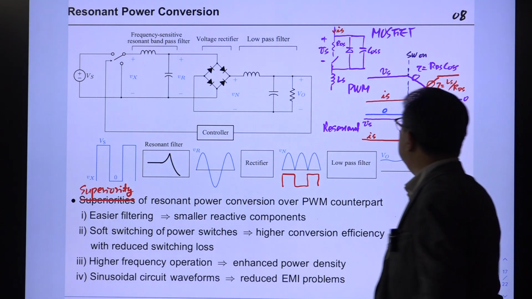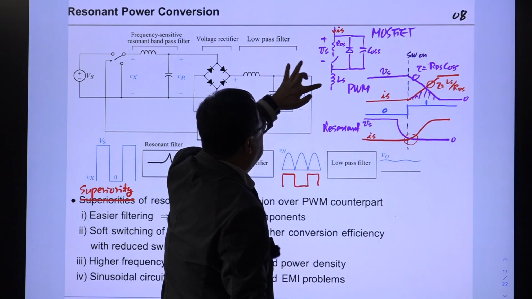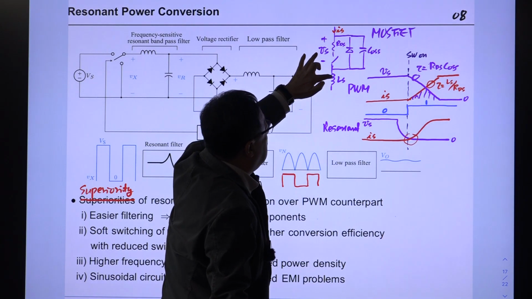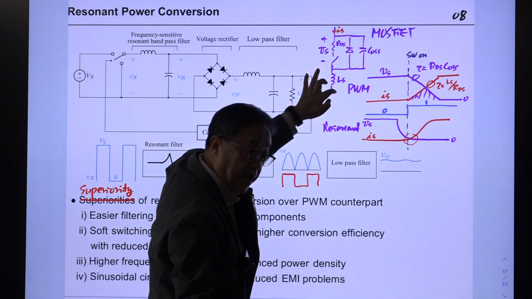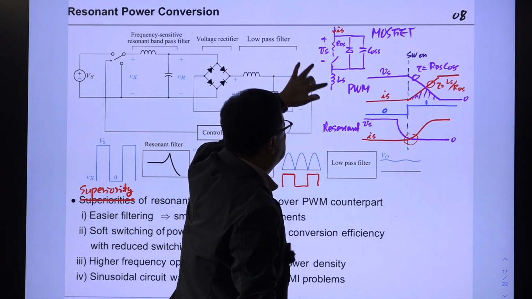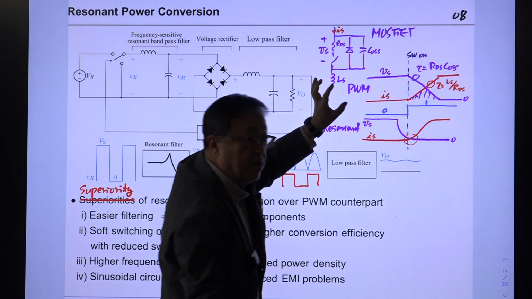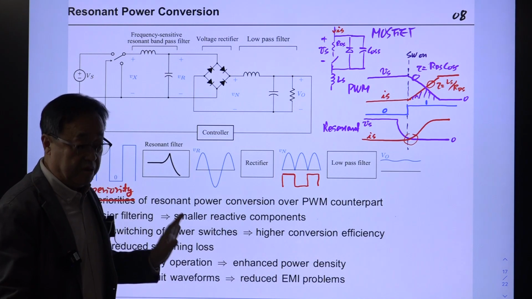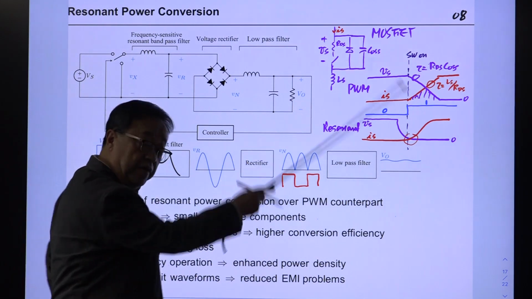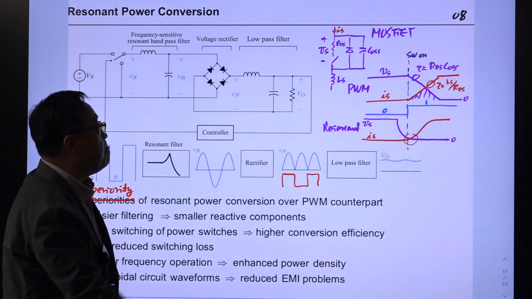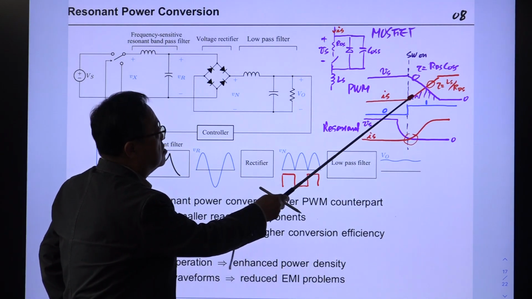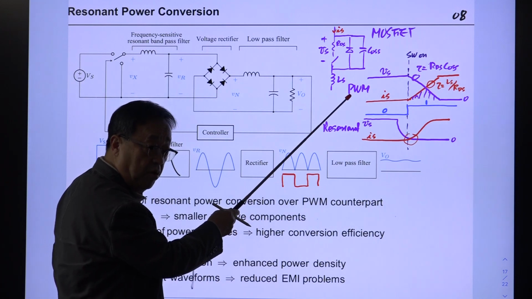There is another parasitic capacitance shown here, between the gate and the drain. Although there are three parasitic capacitances, this one is the most important. So this is the switching waveform for the case of the PWM converter.